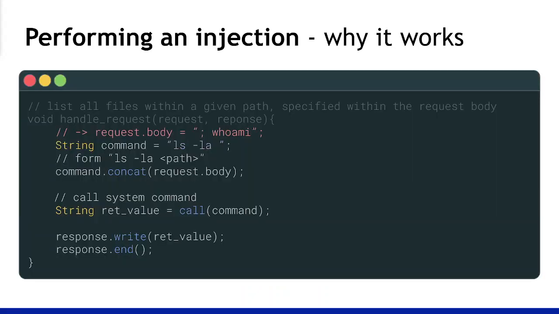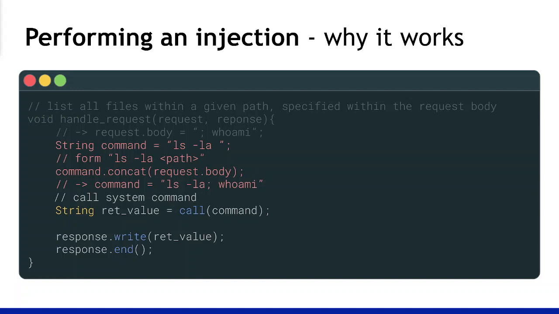So why does this work in the first place? Well, let's consider the pseudocode once again. With the request body being semicolon whoami, that gets appended to the end of ls -tac -la. So our command turns from just ls -tac -la and then some argument to ls -tac -la; whoami.